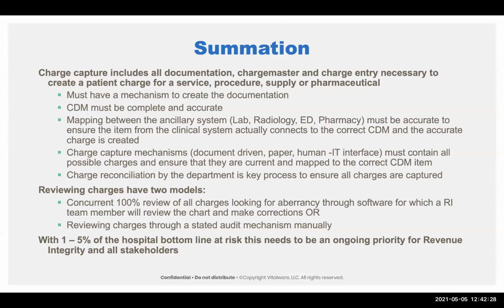Then reviewing charges, there's two models. You've got that random sampling, and then you have the concurrent 100%. Clearly, if you're a financial auditor, you want to see the 100% review of all charges, because that's much more statistically significant than the random audit. And we still need to make the risk for an ongoing priority for revenue integrity is there.